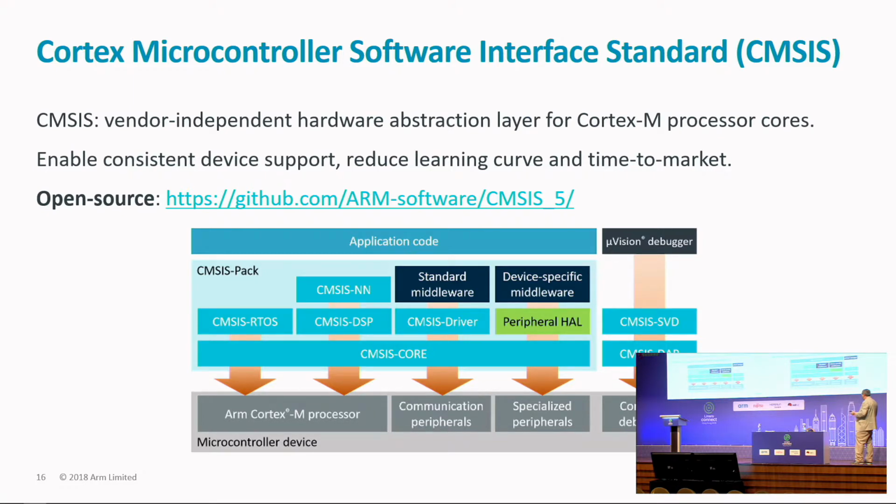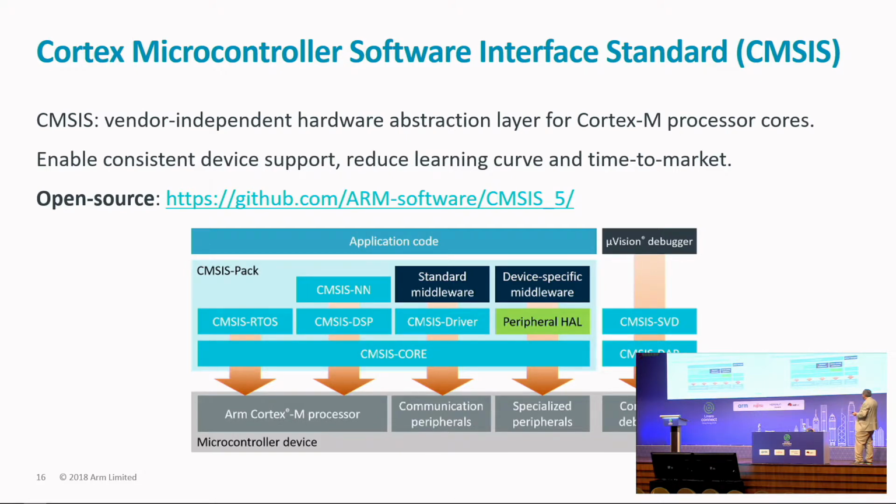If you write to the CMSIS APIs, it enables you to exchange different Arm-based microcontrollers, because if the CMSIS standard is supported by the microcontroller, the code will just run on any of those microcontrollers.